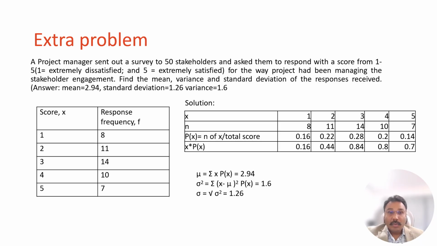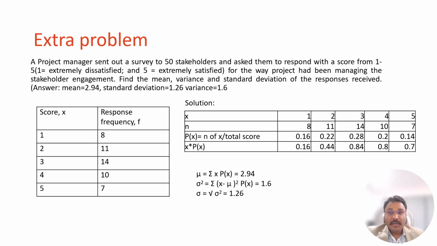We look at how to calculate the mean, the variance, and the standard deviation using probability. I know a couple of students had questions on why we don't use the simple average, which may look much easier and simpler at first.